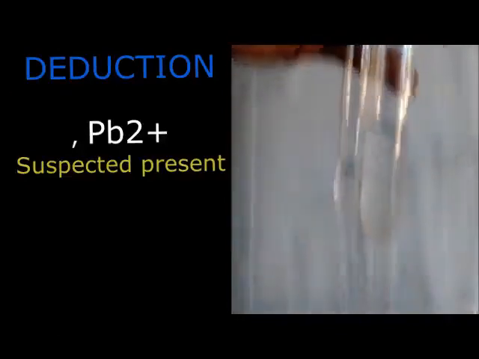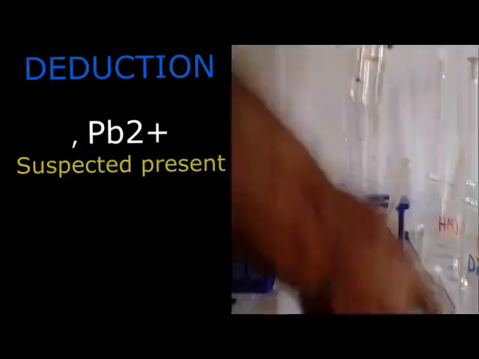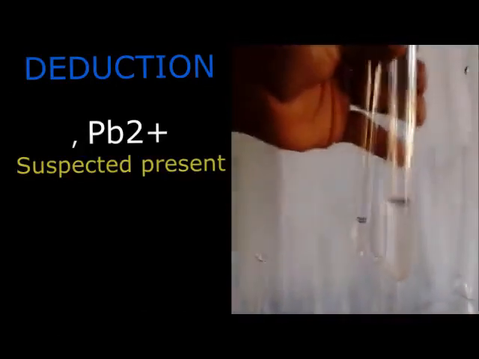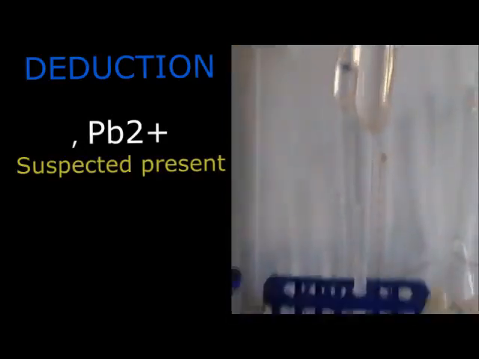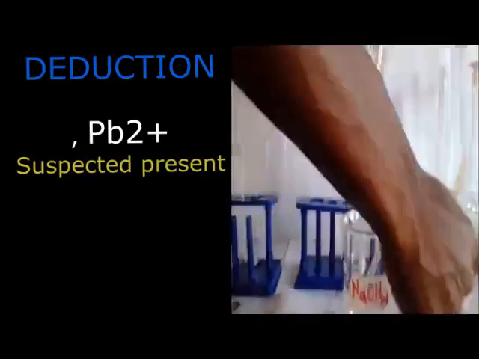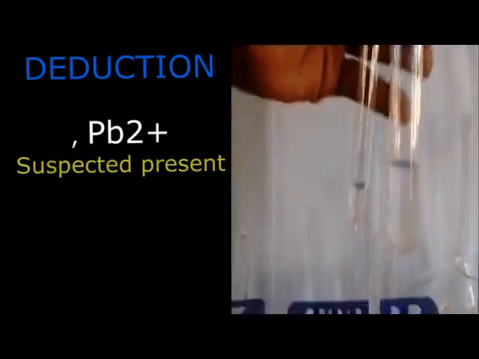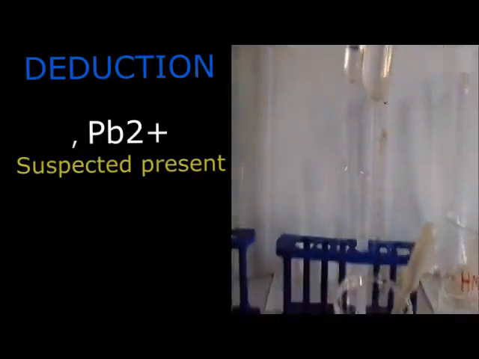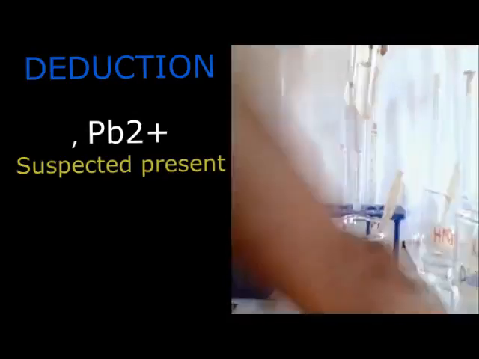The evidence was that the solid was reddish brown when hot, then when it cooled, the solid turned yellow. That was evidence that it is lead. So when we come here, we are going to see that lead 2 ions suspected present. As simple as that.